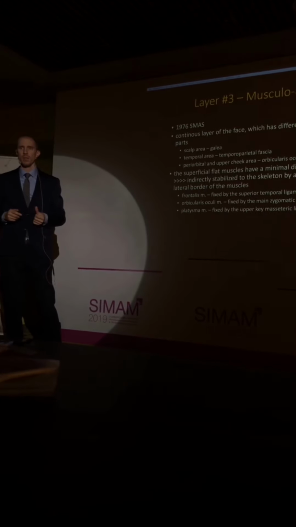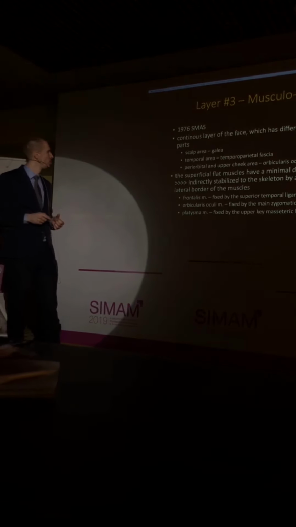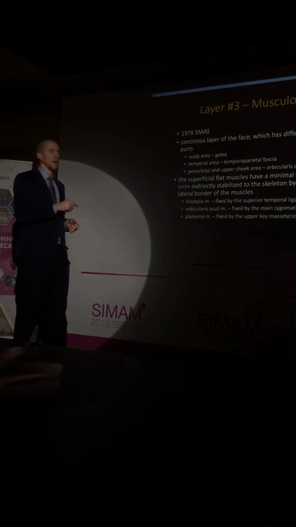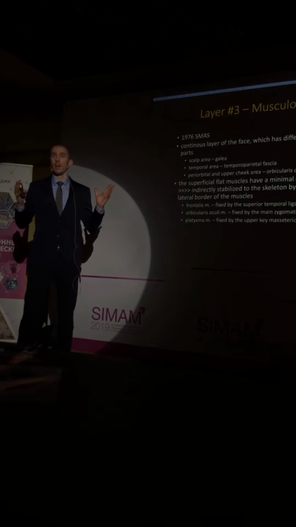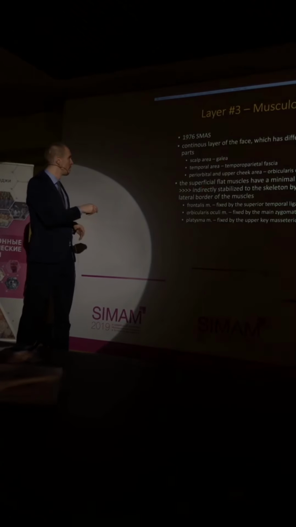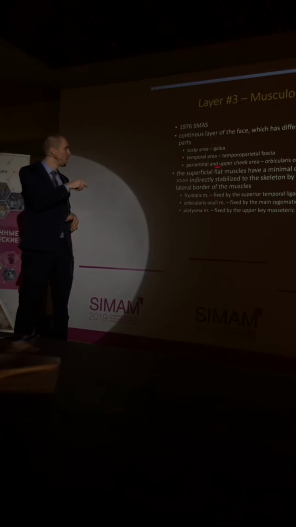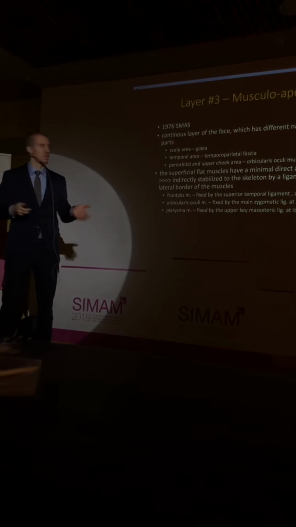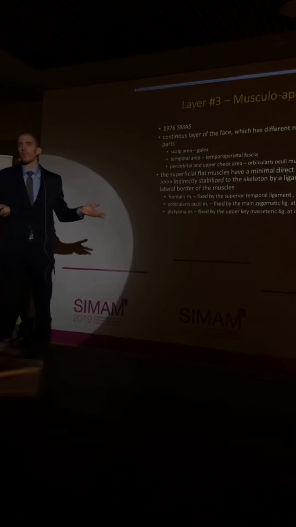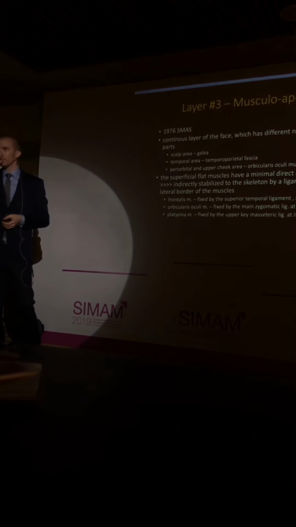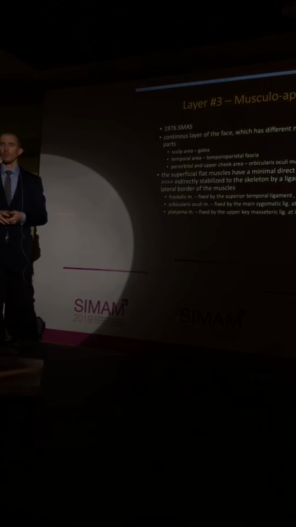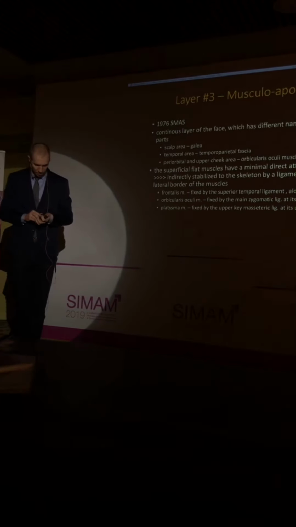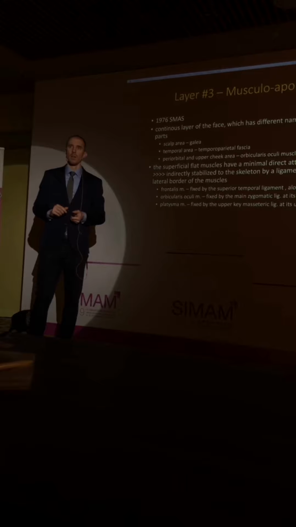And everywhere we have mimetic muscle, like the periorbital area or the upper cheek, layer 3 is represented by muscle, for example orbicularis oculi.